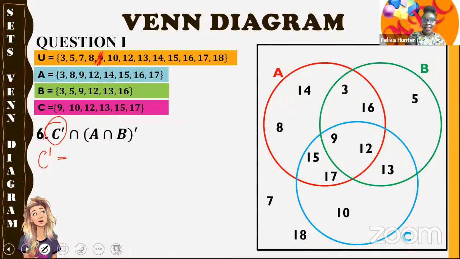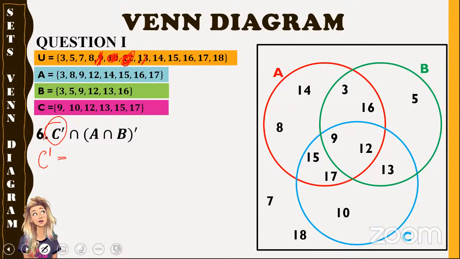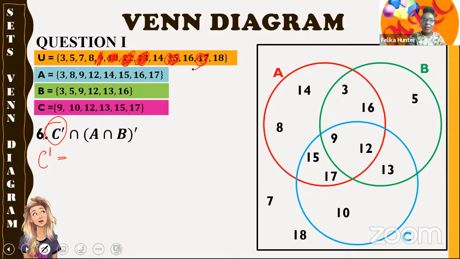In C, I have 10, 12, 13, 15, and 17, taking each out of the universal set. So I took out all the numbers that are in C. Now the complement is what's left in the universal set, what is in the universal set that is not in C. That's C complement.